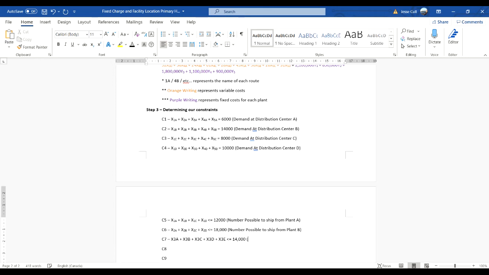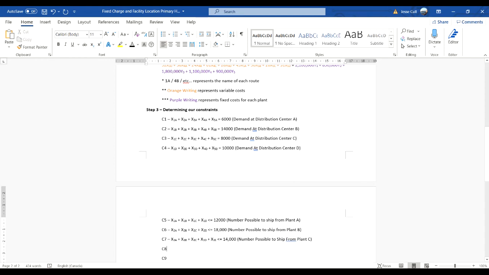And that's the number possible to ship from plant 3. Again, we minimize all just for simplicity's sake. It's not necessary to minimize anything, but it does help us understand that these numbers and letters don't affect anything. Instead, they're just placeholders indicating shipping routes.